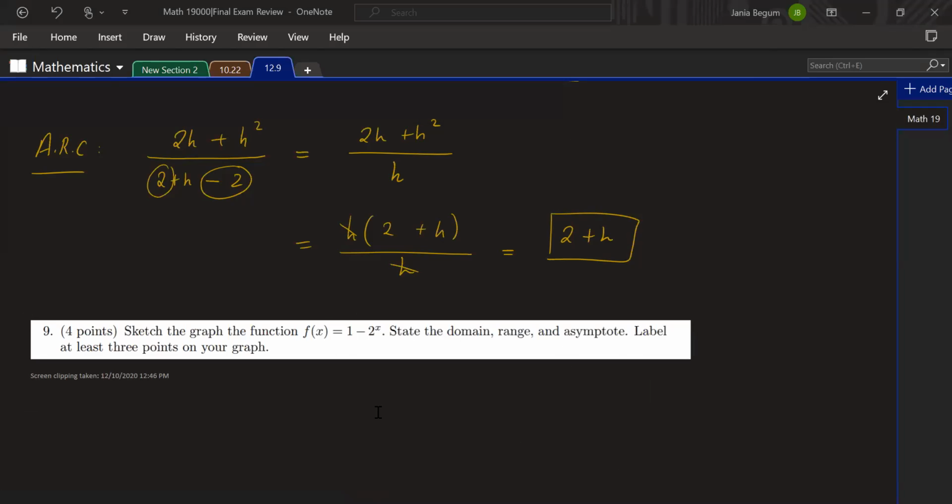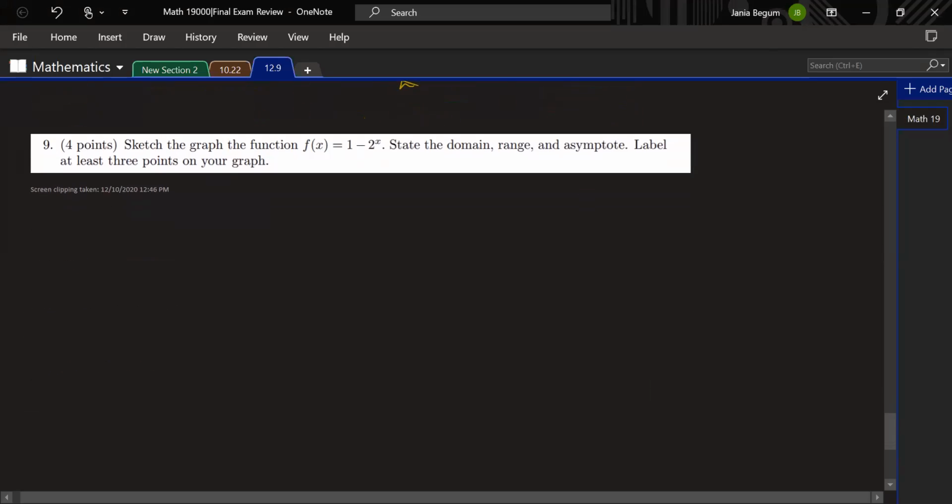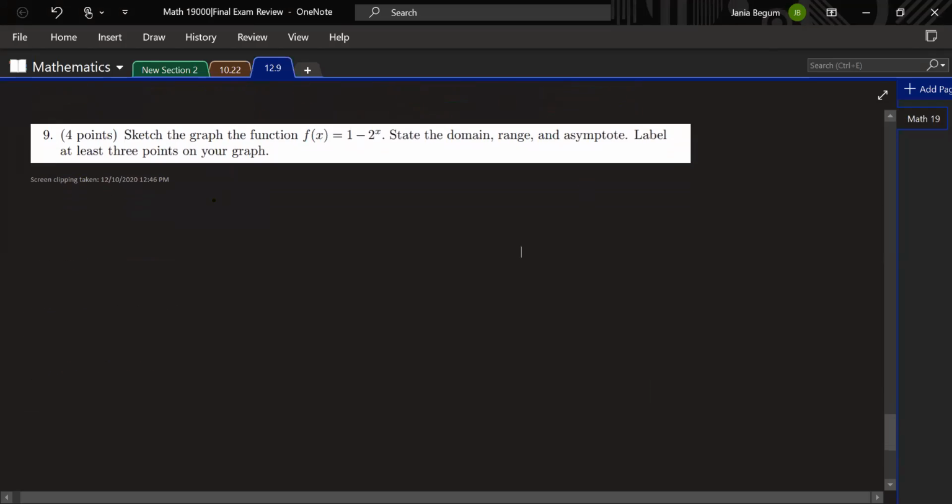Okay, so well, we know how exponential functions look, the basic graph, right? We said if the base is greater than 1, if the base is a whole number, then we have the following graph.